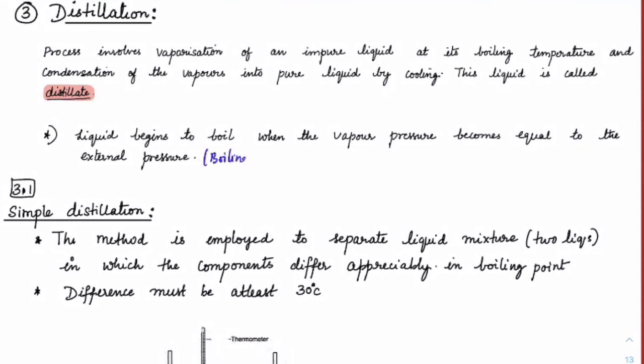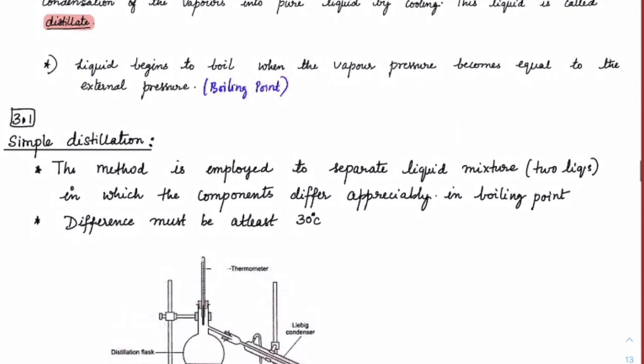Boiling point is that particular temperature where the vapor pressure of the liquid is equal to the external pressure. At the boiling point, most of the liquid will convert into vapors, and we take those vapors, condense them, and that's how we separate out two liquids.